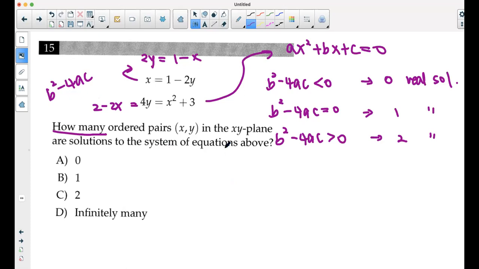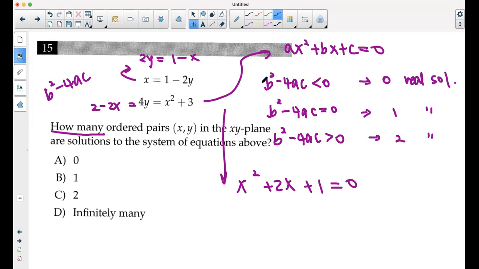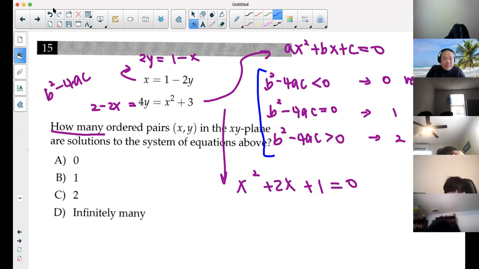Then what I end up getting is x squared, and then plus 2x, and subtracting, today I get plus 1. So here comes another thing, guys. I understand I could use these because I told you how many ordered pairs. That means they're talking about the discriminant, right?